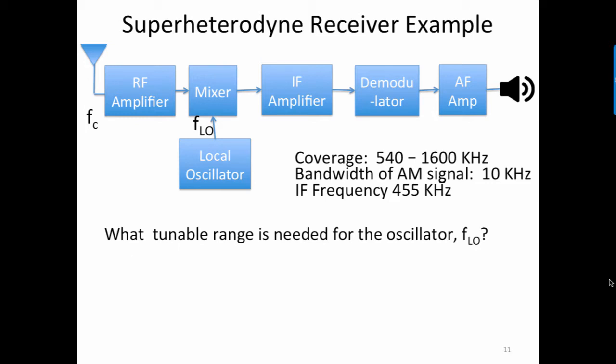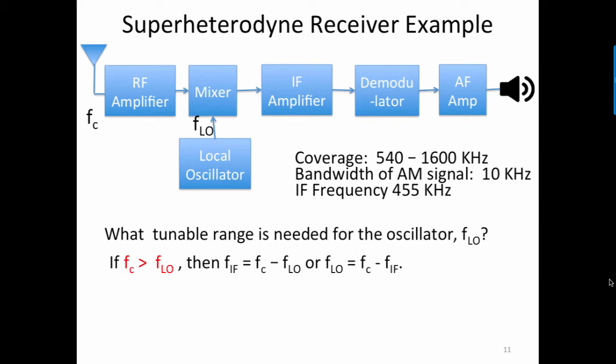Now let's repeat the previous calculation, but this time assume that the local oscillator frequency will be below the carrier. Either design is possible. The IF frequency will still remain at 455 kilohertz.